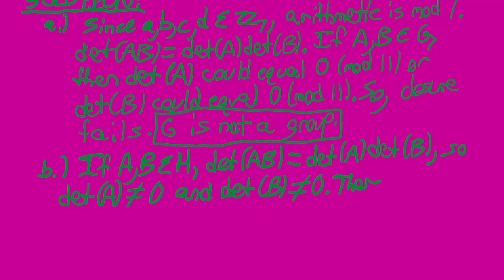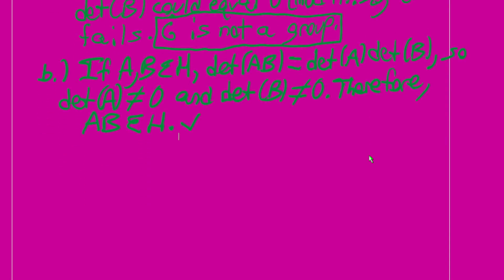Therefore, AB is an element of H since they are not equal to 0. So yes, this has closure under its operation. But before we can conclude that it's a group, we have to check the elementary properties. So start with associativity.